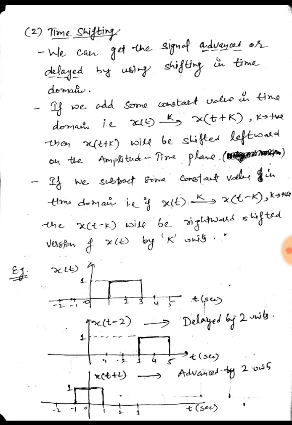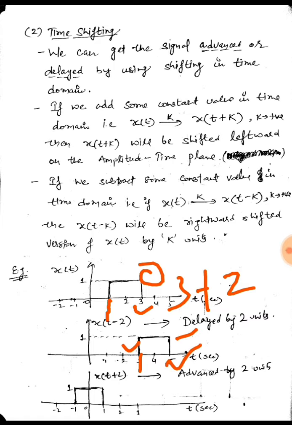If it was 1 at t equal to 1, now that value will come at 1 plus 2, t equal to 3. Similarly, the value which we were getting at 3, now we would get at 3 plus 2, that is at 5. So this is how our signal shifted in the time domain.